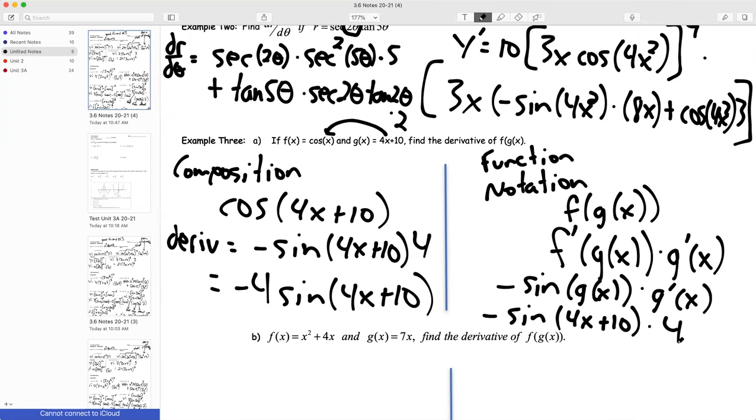Wait, so why are we doing the inside part on this question? Say that again? Why are we doing that part? Because it's a trig function.